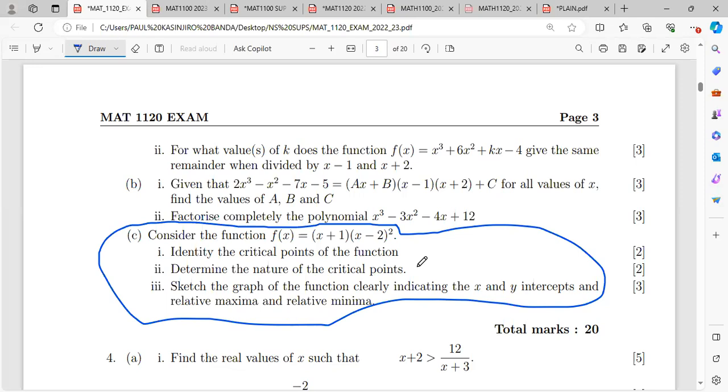So the first thing is identify the critical points. How can you identify the critical points?